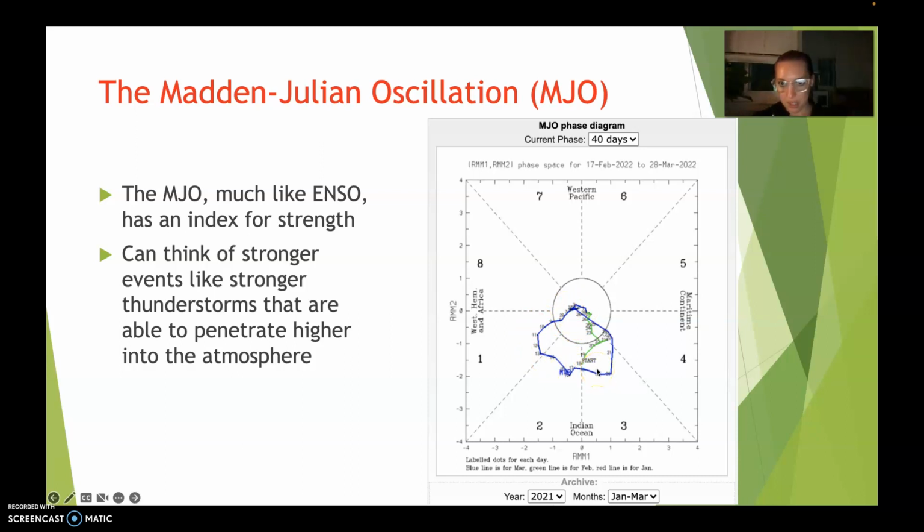I can't remember what day this is for, or from February to January, sorry. This is from last year, sorry, from 2022. It's literally right here, duh. But it shows that the further out it is from the center of this circle, the stronger the MJO cycle. And the further in, if it's in the middle of the circle, then it's in a neutral phase and it's not as discernible where it's at.